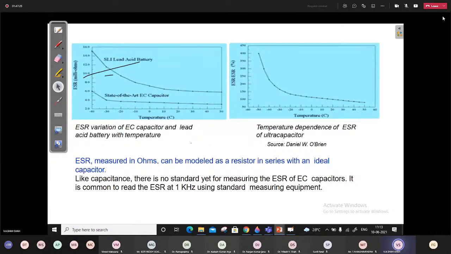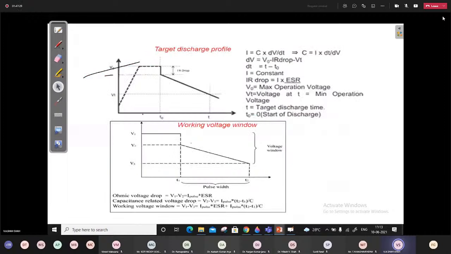And this is again the same characteristic which I have shown you, but the most important part is here and here. This is the pulse width for which we are discharging the supercapacitor, and based on that we find the energy extracted from the supercapacitor.